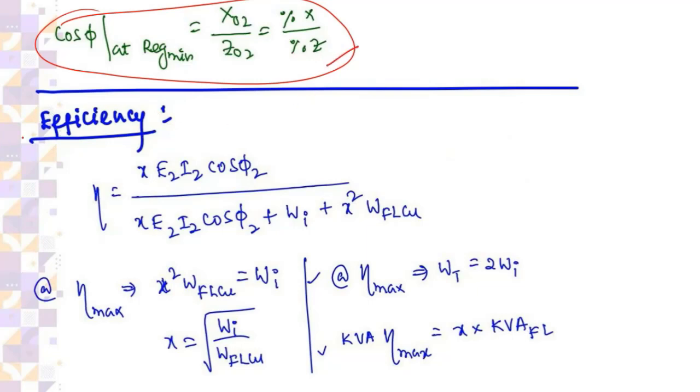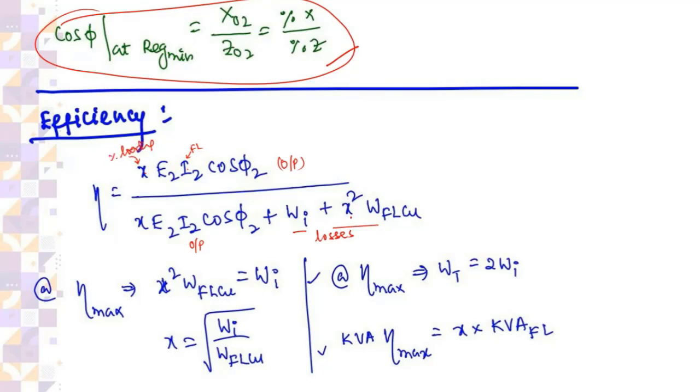Apart from regulation, there is one more important topic, that is efficiency. We know that efficiency is output divided by output plus losses. Here we have iron losses and copper losses. Here we will be taking the current as X times I2, because I am considering I2 as full load, and with respect to that current I am taking the percentage loading also.